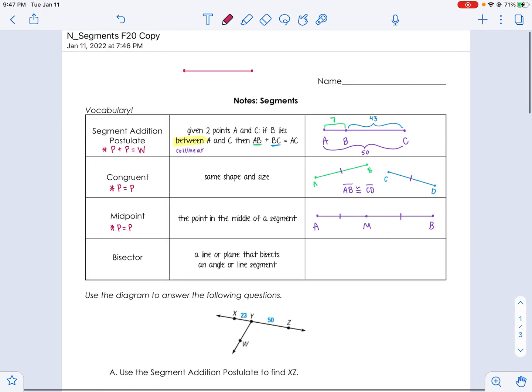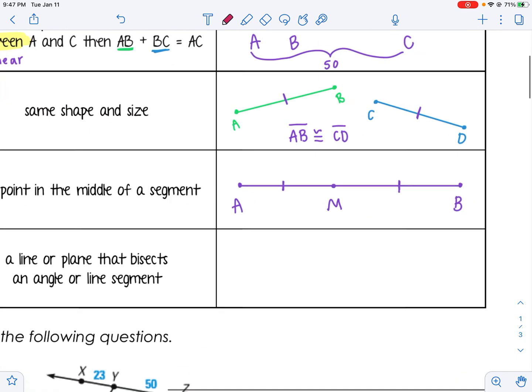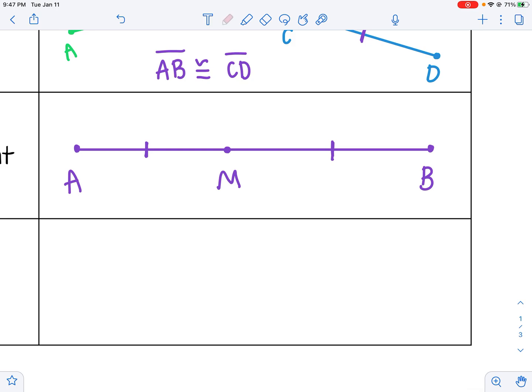Now, sometimes our pictures will have more than just a point and ticks as a midpoint. Sometimes we'll have a bisector. And the easy way to remember a bisector is that it's the thing that cuts something else in half. So, for example, M's our midpoint, but what if it had this line going through it like that? And I know that it's a line because I put arrows on the edges.